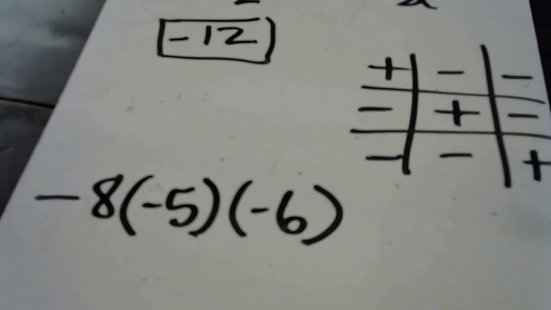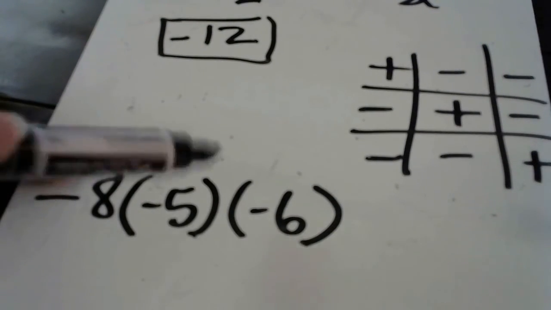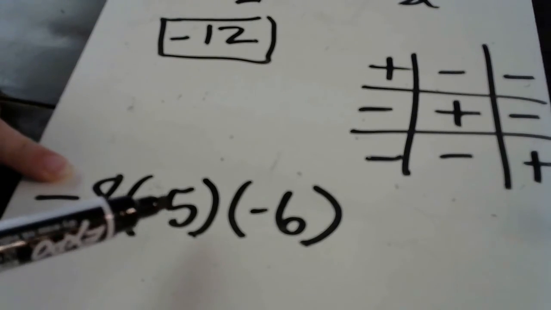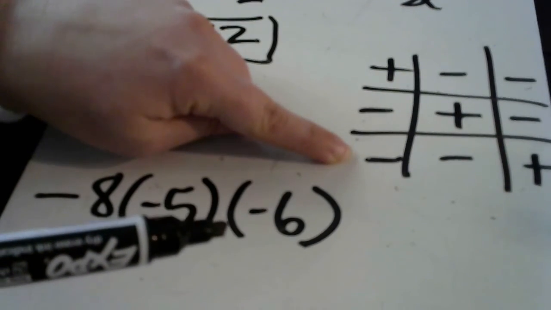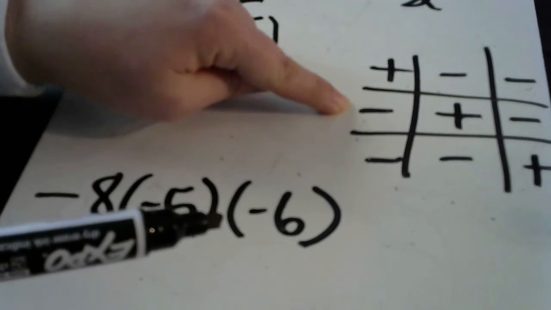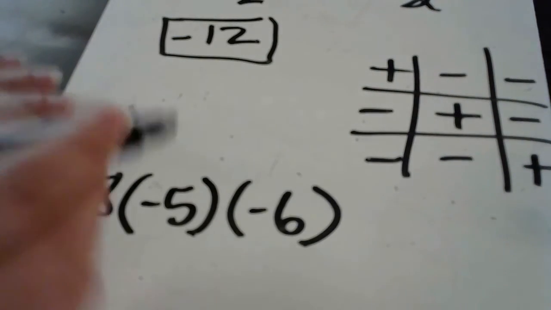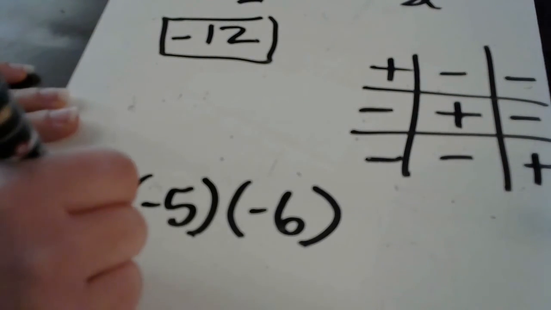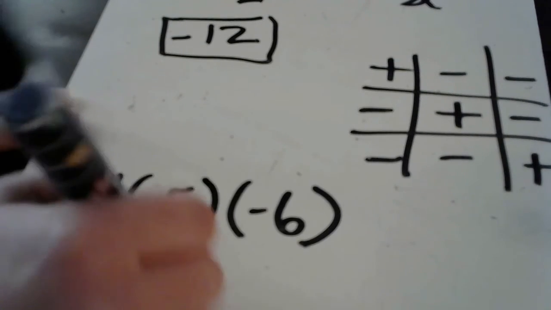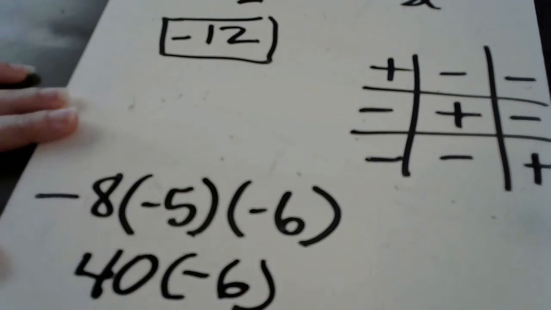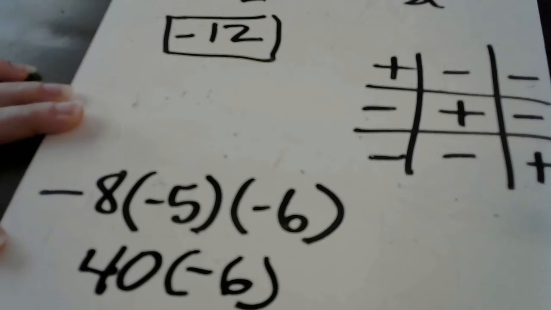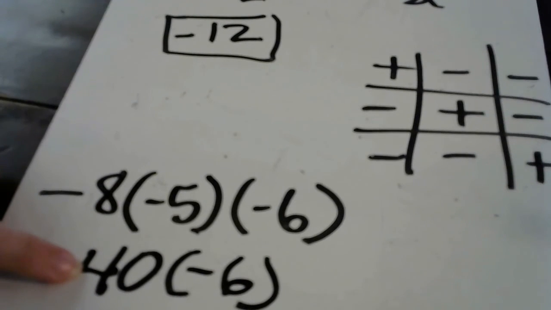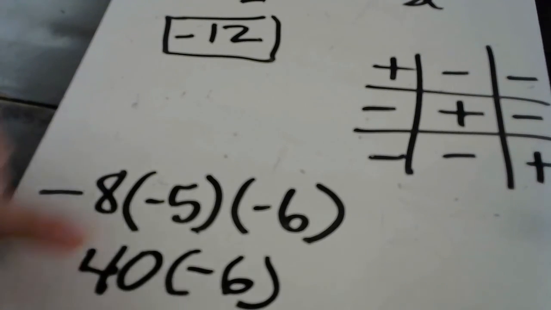But if you want to use the tic-tac-toe rule board, that's fine. So we're going to do this first: -8 times -5 is +40. Now we have 40 times -6, a positive times a negative.